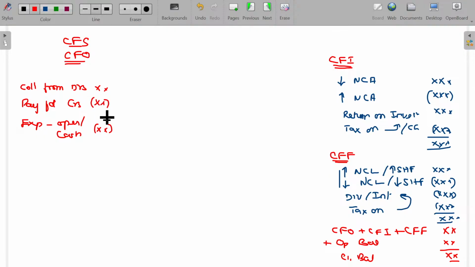These two are subtracted. Then you will get cash from operation before tax, and you can pay the tax here. You'll get the cash from operation after tax. Hope you'll be now able to understand. This one is the direct method.